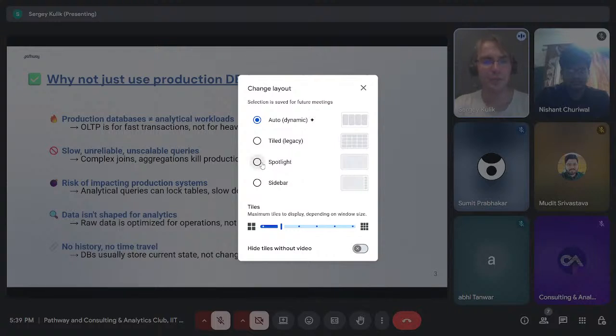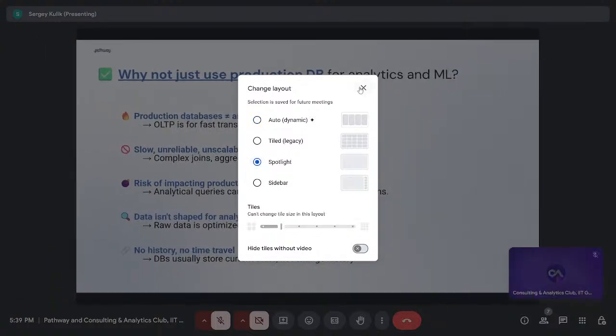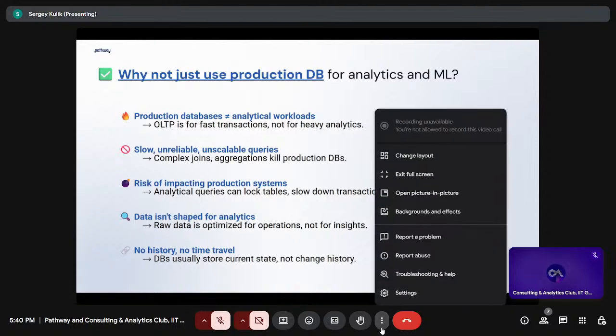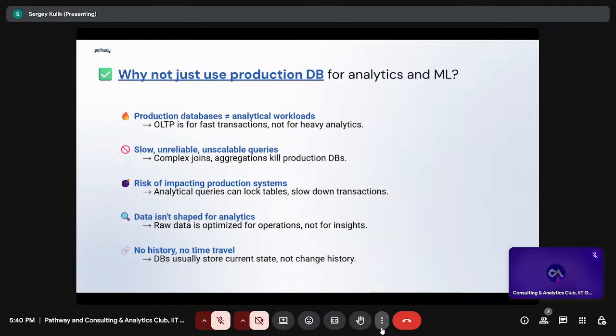But when it comes to analytics, we don't do just simple selects, select for a single user, select for a single order, select for a single worker, and so on. We often cover the whole range of data in our queries when it comes to analytics, and it's not what we have in the backend. So it's two different purposes, and two different databases should be used for that.